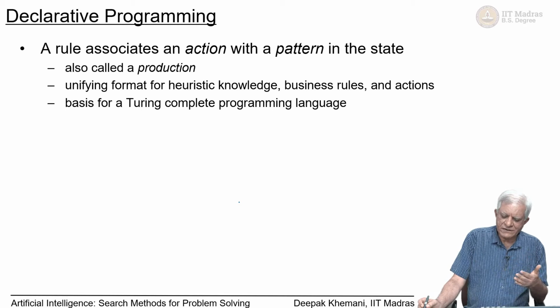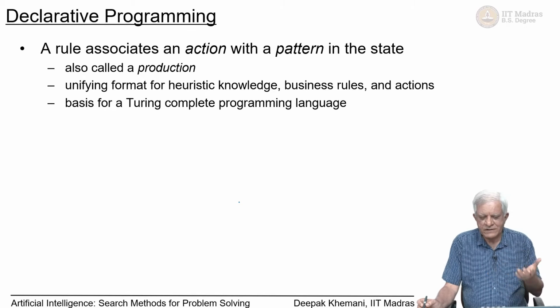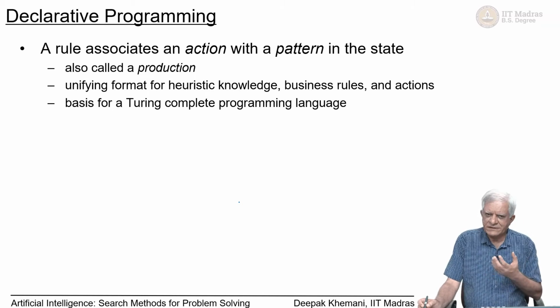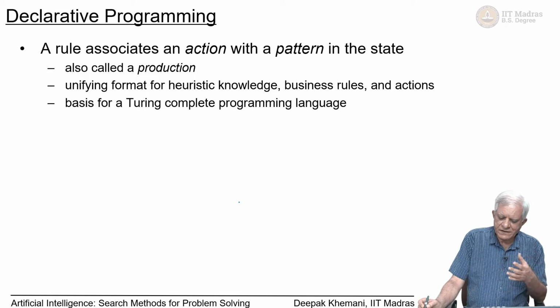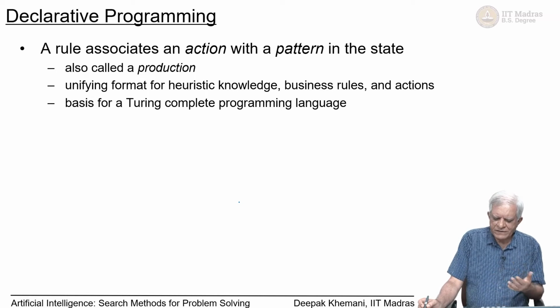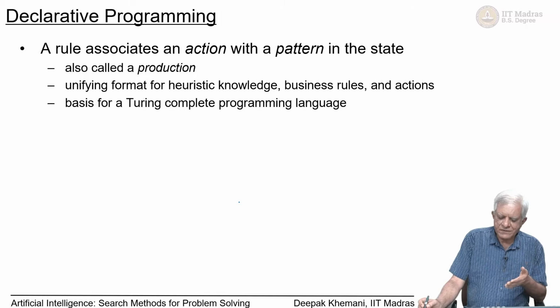encapsulate heuristic knowledge, and this is the key that we want to look at here, is that human experts may give us a whole plethora of rules which they feel are useful, and in some sense in those rules we are capturing their knowledge, which we will use as heuristic knowledge. And we will see that business rules is going to be one of the subsets of this heuristic knowledge.